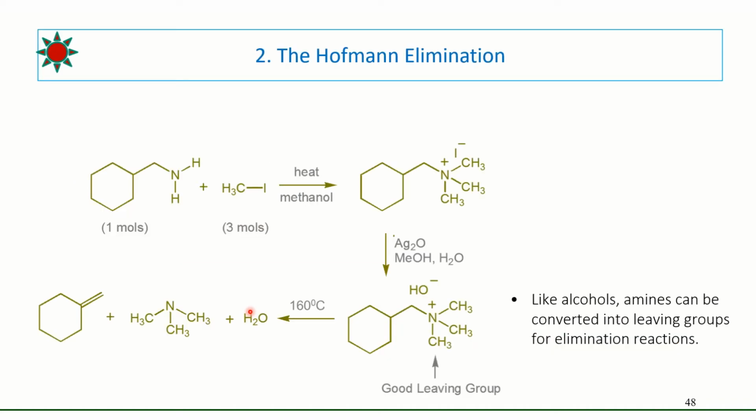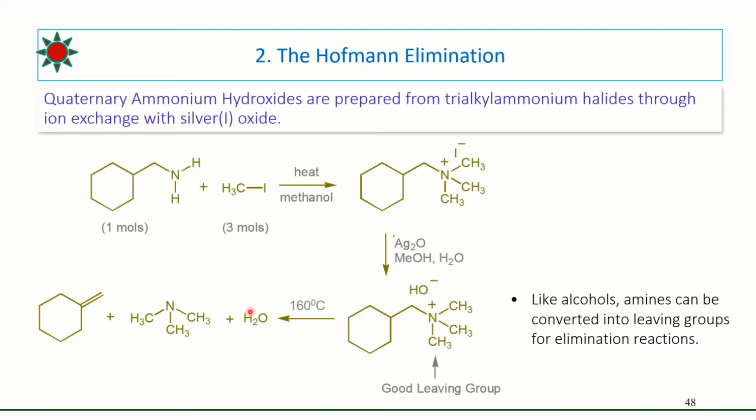The next species I want to look at is the Hoffmann elimination. All we do is we react the amine in the presence of a base. In this case, we have silver(I) oxide and an excess of methyl iodide.